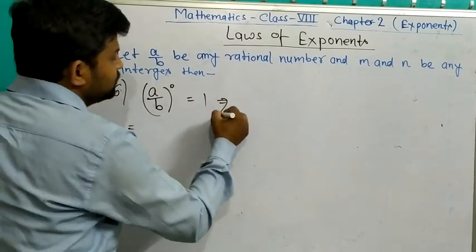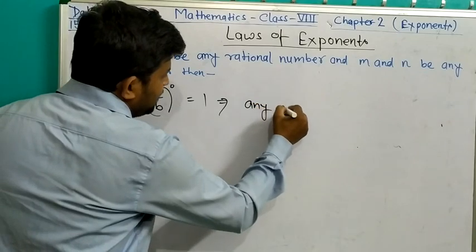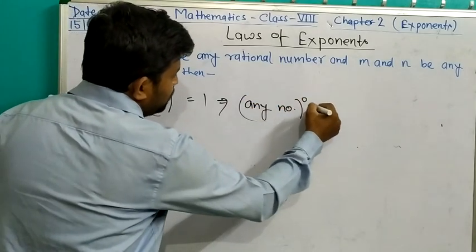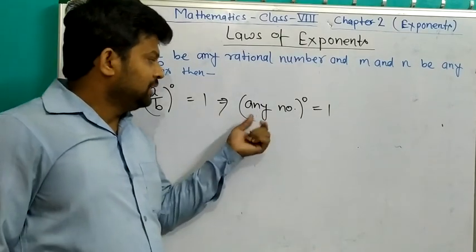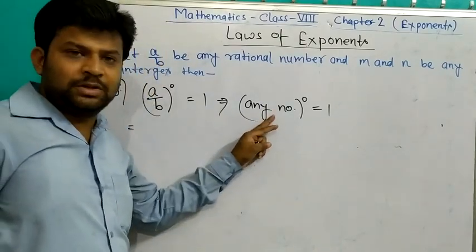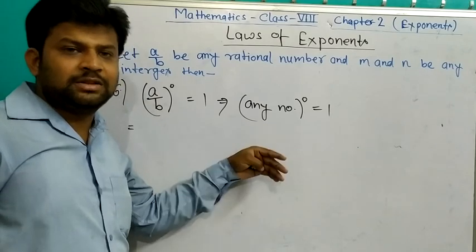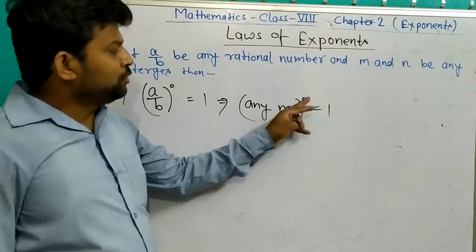Here we can also write any number whole to the power 0 equals 1. Any number, it means if the number is a natural number, whole number, integer, or rational number, whole to the power 0 is equal to 1.